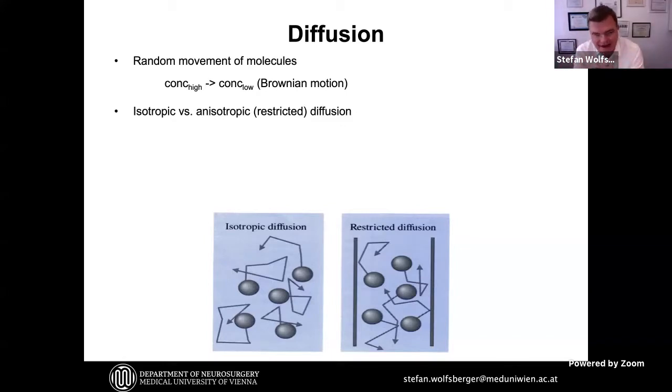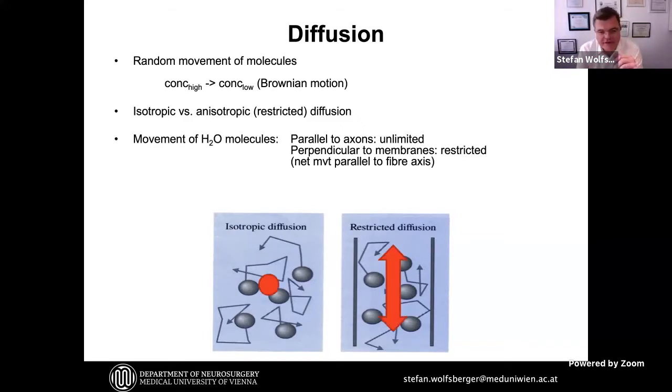Whereas if you have anisotropic restricted diffusion, as in axons, as in fibers, then we have a certain direction of the movement, as you can see here. So our water molecules, and that's what all DTI is about, move parallel to the axons unlimited, whereas in fibers and in the brain, which is mostly composed of fibers, as you know, the movement is restricted perpendicular to the fiber axis.